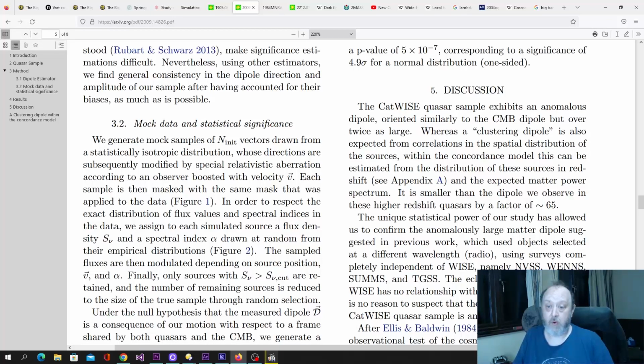Within the concordance model, the Lambda-CDM model, this can be estimated from the distribution of these sources in redshift and the expected matter power spectrum. It is smaller than the dipole we observe in these higher redshift quasars by a factor of about 65.